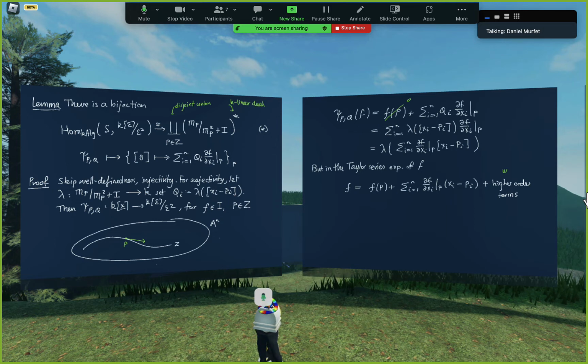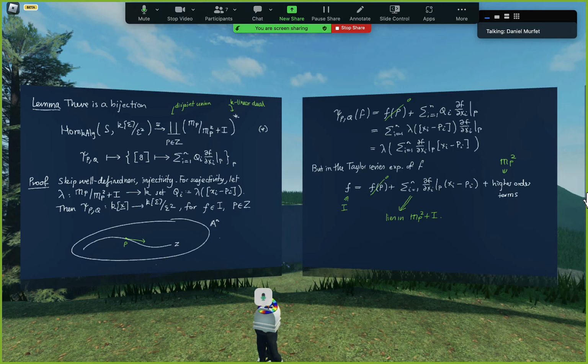Those kinds of things are the generators of MP. So the higher order terms are in MP squared. F itself is in I, and that is 0. So what this shows you is that that expression there lies in MP squared plus I. That's the point of this ideal. MP squared plus I is where the first order piece of the Taylor series expansion of an f that vanishes on Z lives.